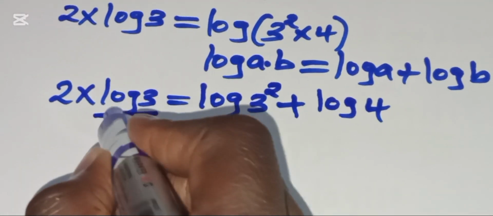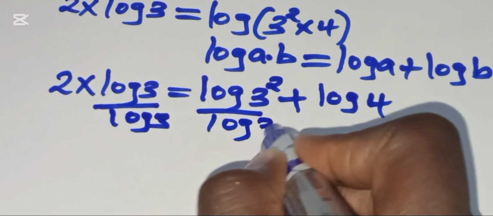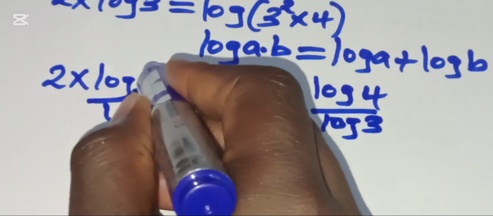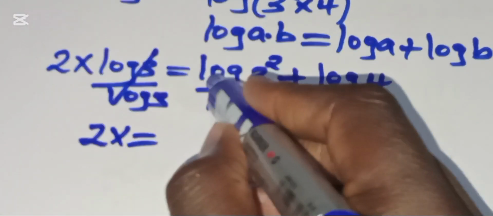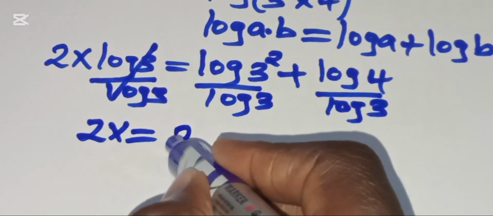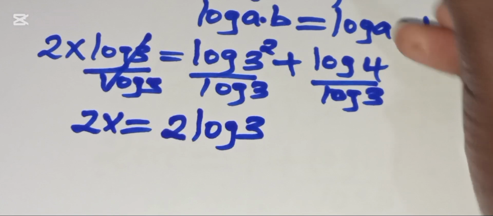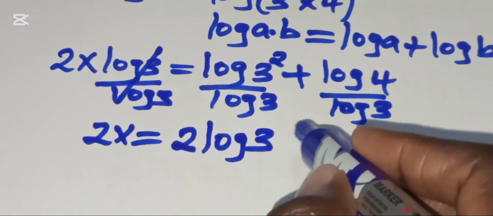So we divide both sides by log 3, so that we simplify here and we're going to have 2x equal to log 3 squared, which can be expressed as 2 log 3, applying the power rule property of logarithm.